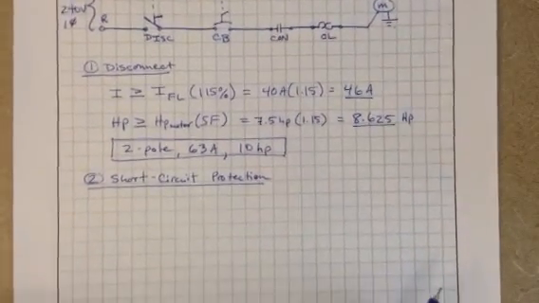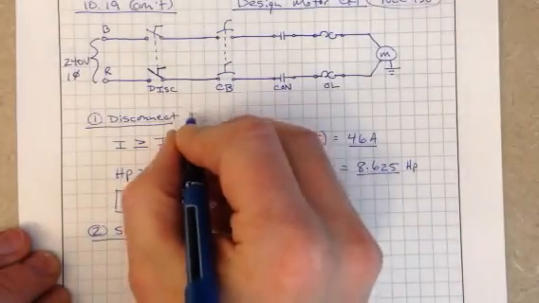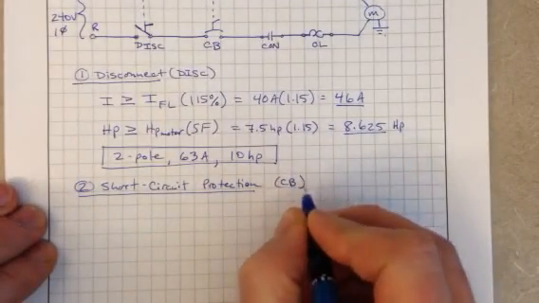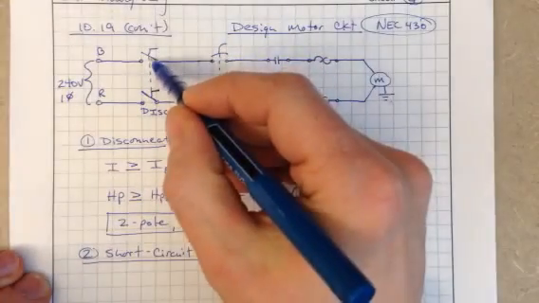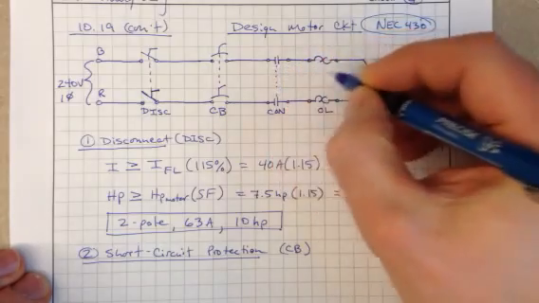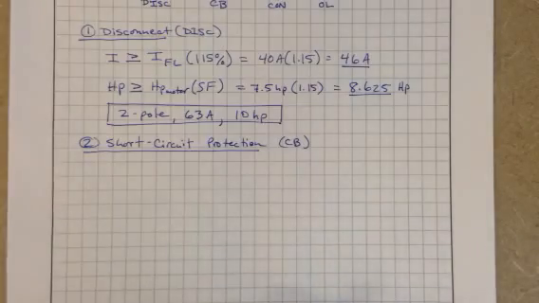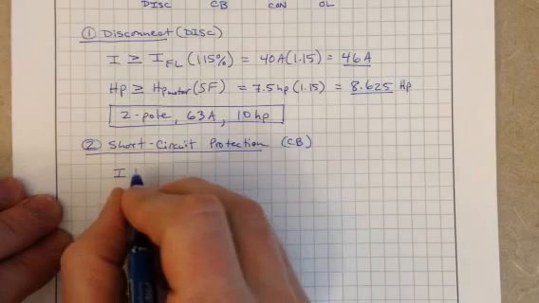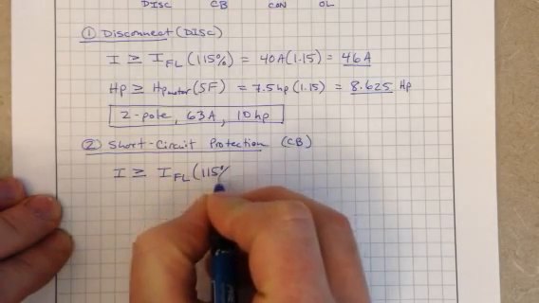So now turning to the short circuit protection, our circuit breaker. We have our disconnect, we have our circuit breaker, and these correspond to the tags I'm giving up in this drawing. Just to note, these dashed lines mean they're mechanically connected, so they're part of the same component. For the short circuit current rating of our circuit breaker, we need it to be greater than or equal to the full load current times 115%.